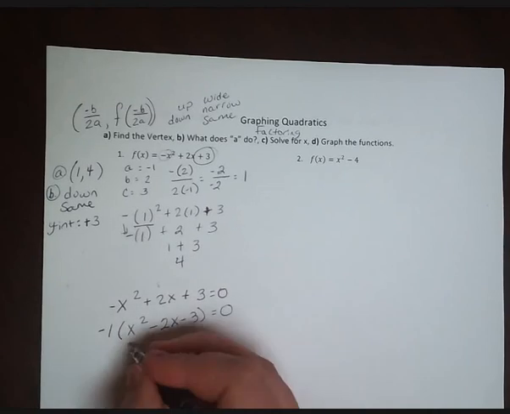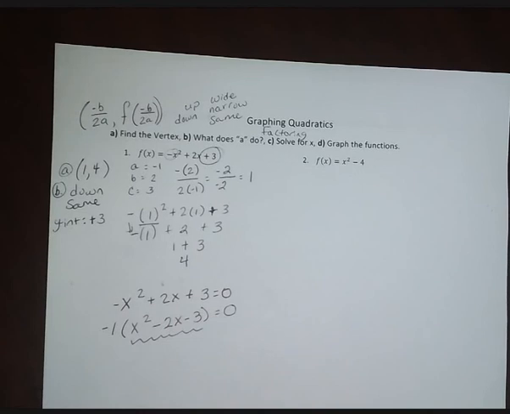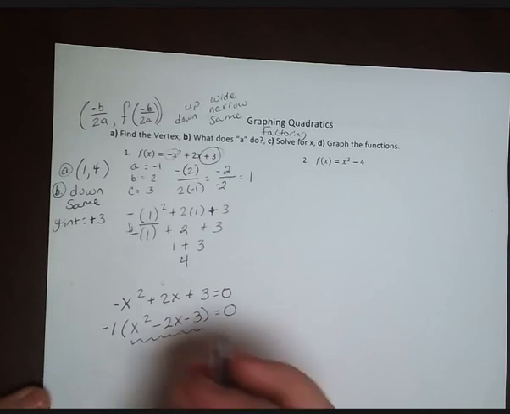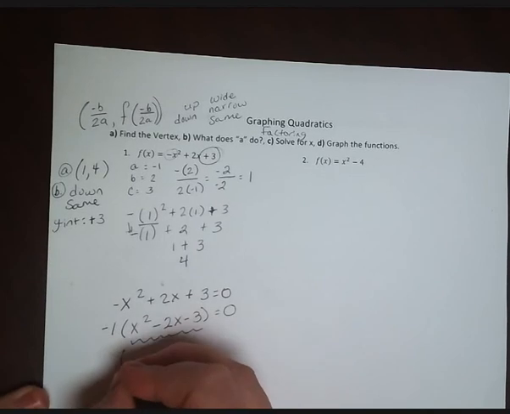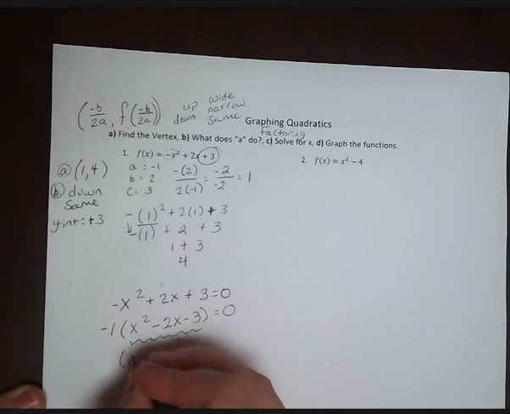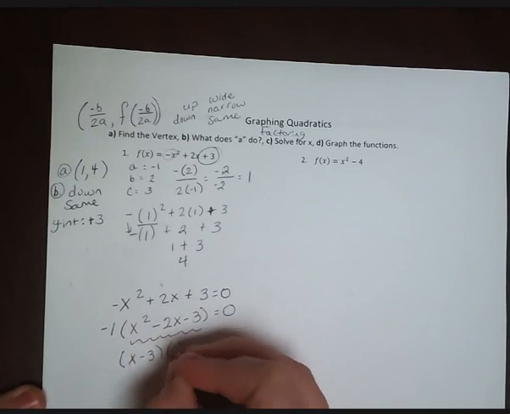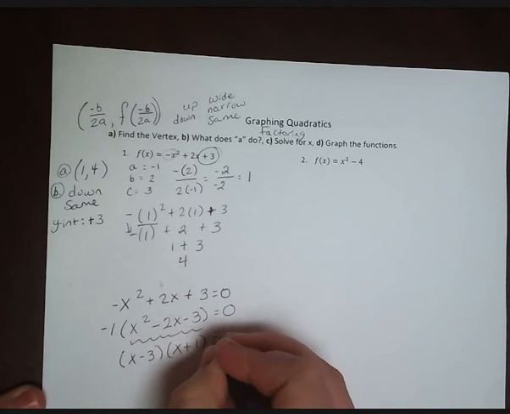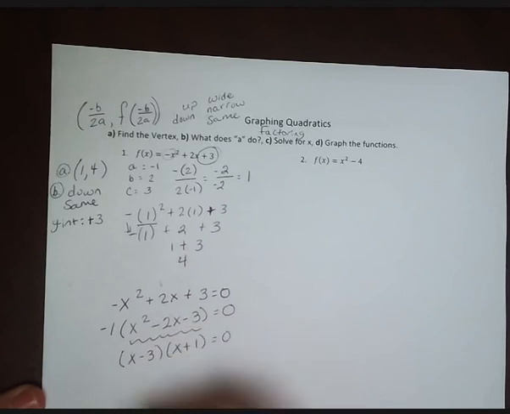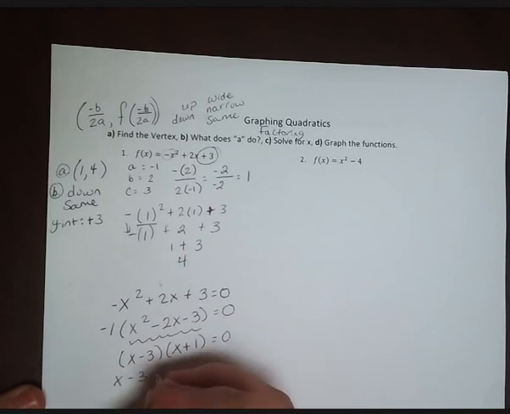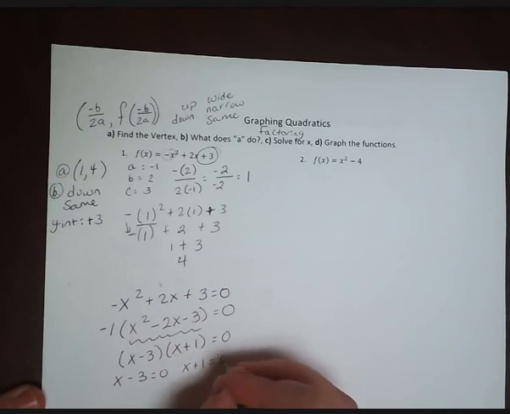Now we factor what is inside of those sets of parentheses. So you would factor it using your AC method. So that would be x minus 3, x plus 1. You set them both equal to 0, and then you solve.